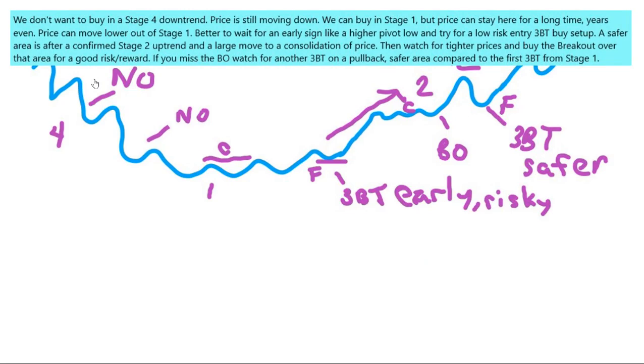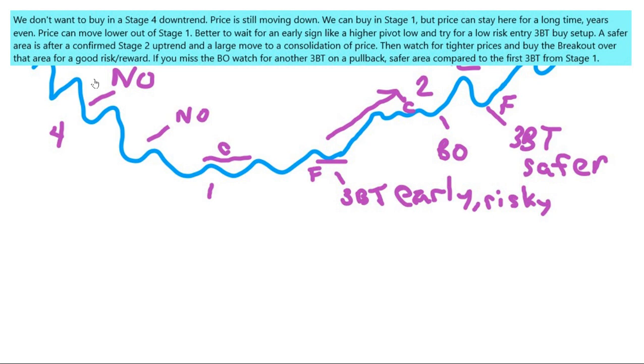This is a new drawing I created about trends. We don't want to buy in a stage 4 downtrend. You probably lose money if that's where the trend is moving, because price is still moving down. We can buy in stage 1, but price can stay here for a long time, years even.